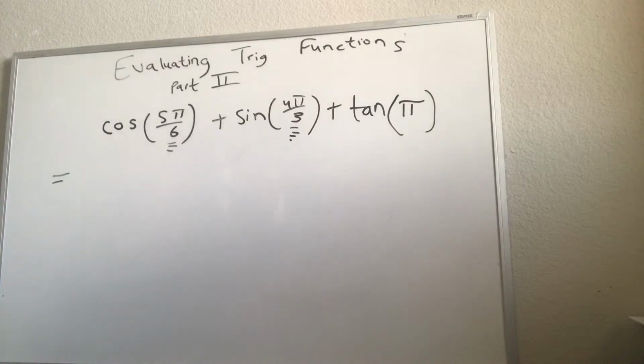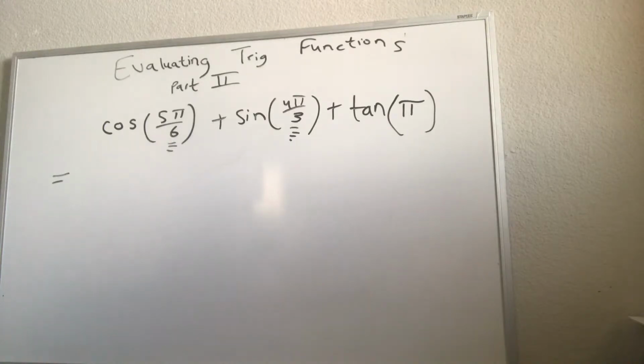Now if you remember the rule I had mentioned earlier, 5 pi over 6 really means that the numerical value in the numerator is 1 less than the denominator, which indicates that this is an angle in the second quadrant. And so when you take cosine of this, you always want to think of taking the cosine of pi over 6. Cosine of pi over 6, if you remember, is root 3 over 2.